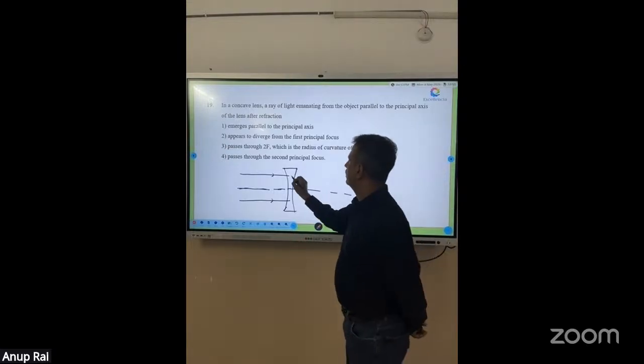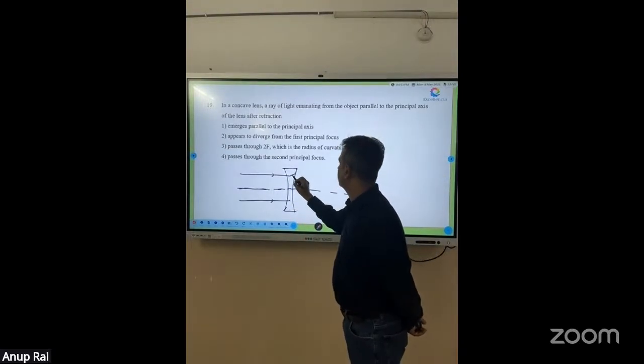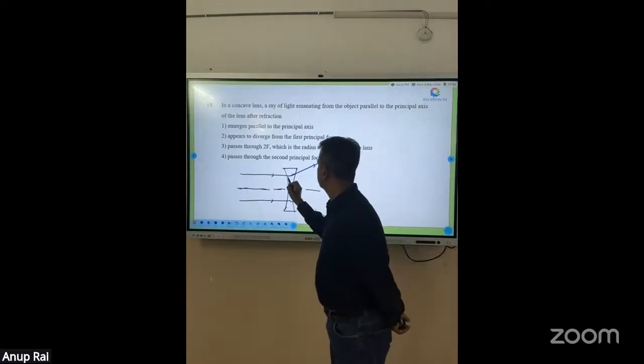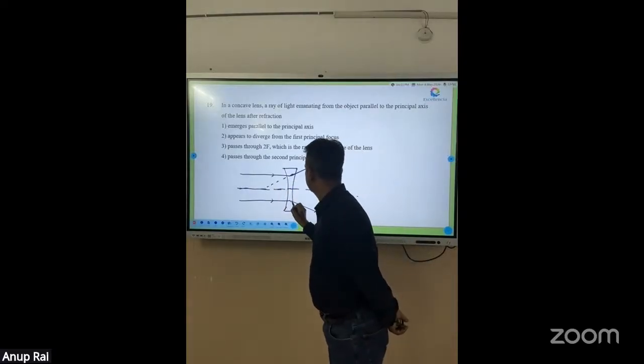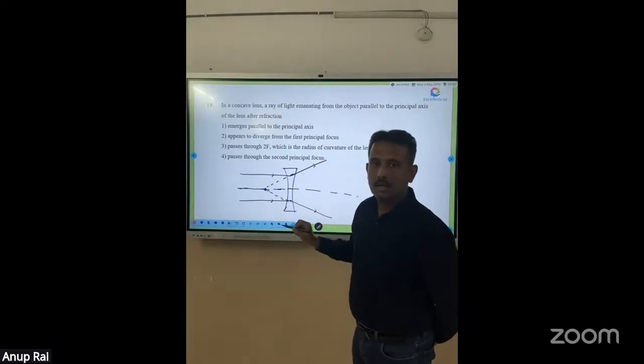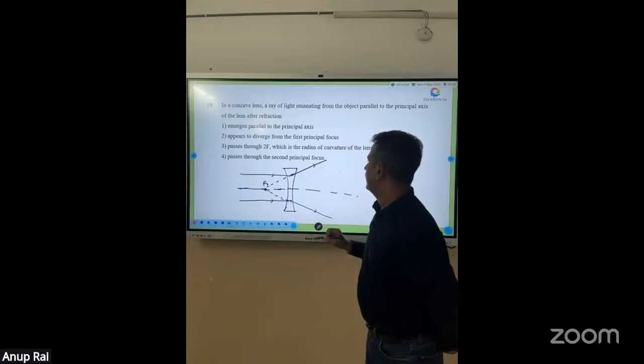This is the diverging lens, so it gets diverged, and if you reverse it, it appears to come from this focal point, called the principal focus or second focus. This is known as F2.